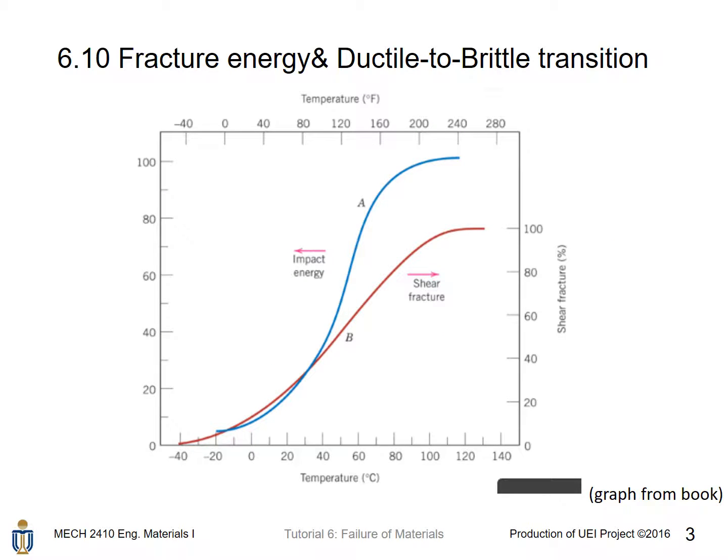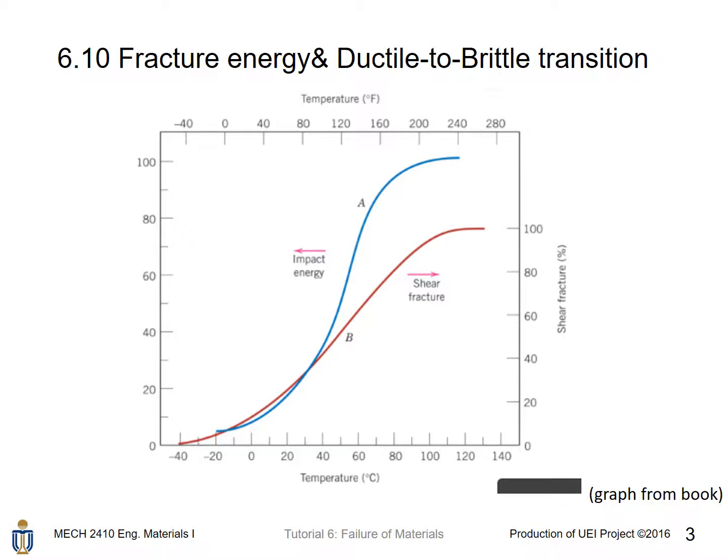As you can see from this picture here, A and B. A represents the impact energy trend of a certain material with respect to temperature, and B represents the shear fracture trend with respect to temperature.